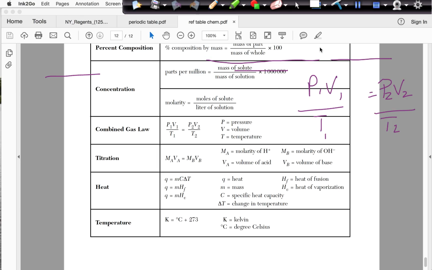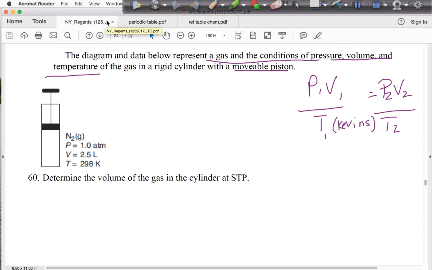If we look on the back of the reference table on table T, we have that P1 V1 over T1 equals P2 V2 over T2 formula, the combined gas law. It mentions pressure, volume, and temperature. Remember, temperature has to be in kelvins when we use this formula.